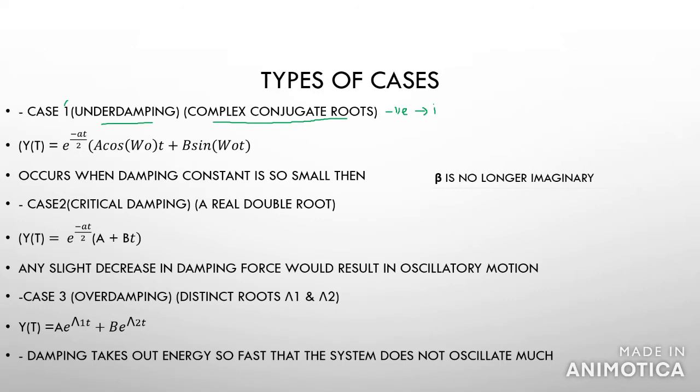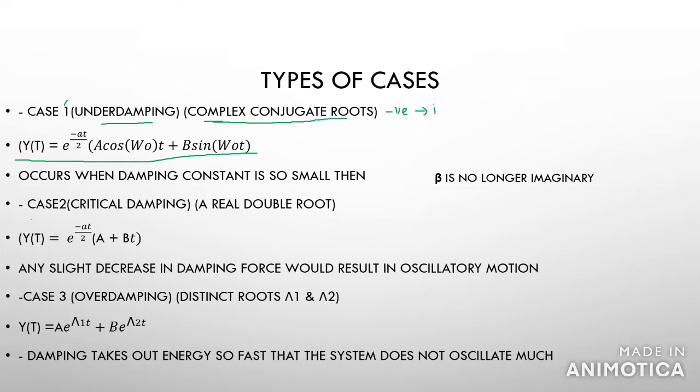And this is the equation to solve for underdamping. It has complex conjugate roots, as you can see the word complex here. And this occurs when the damping constant is so small that beta is no longer imaginary.